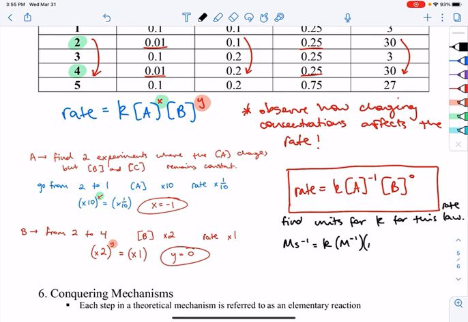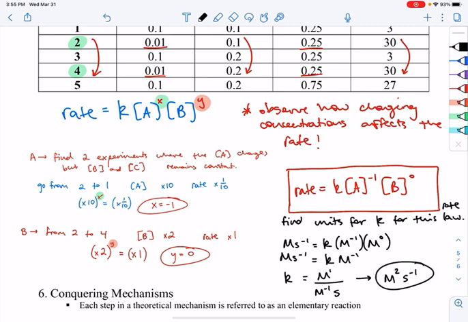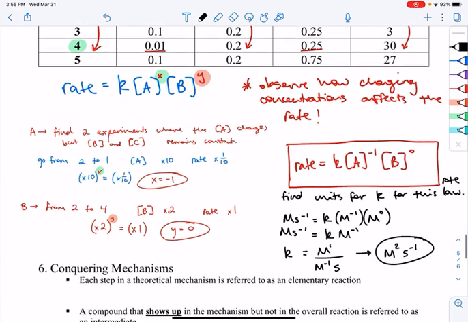B is raised to the power of 0, so that's molarity to the 0. So this simplifies, and if I solve for K, then I end up with molar over molar to the -1. 1 minus -1 is positive 2. So this ends up being molar squared inverse seconds, right? 1 minus -1 is 2. So here are the units for our rate constant for the specific reaction.